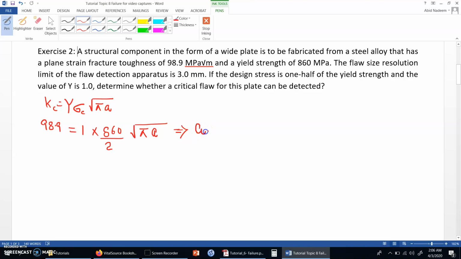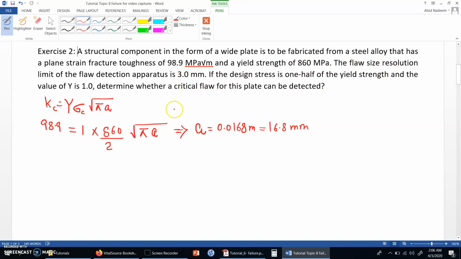From here, just solve this for the value of a using your calculator. You can find that this value comes out to be 0.0168 meter or 16.8 millimeter.